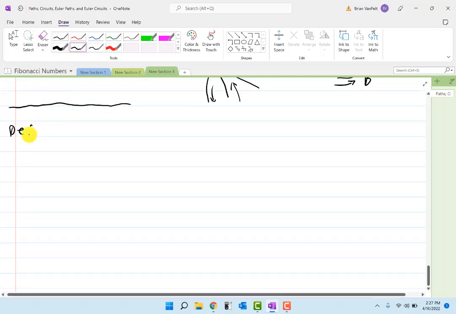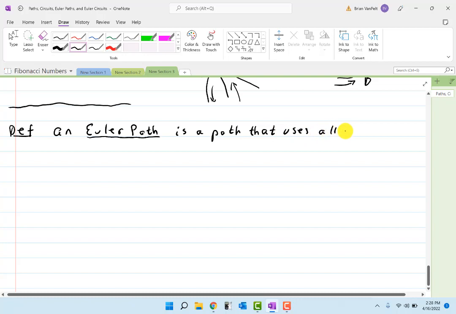Another definition. There are a lot of them in this section. An Euler path is a path that uses all of the edges in a graph.